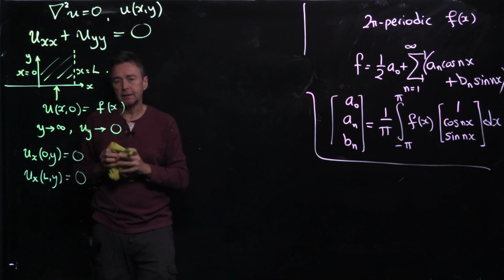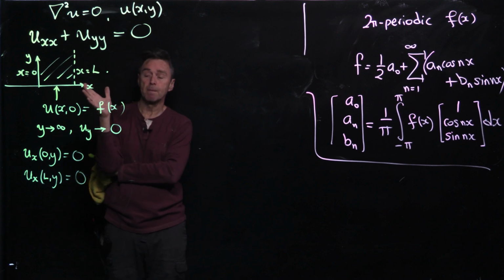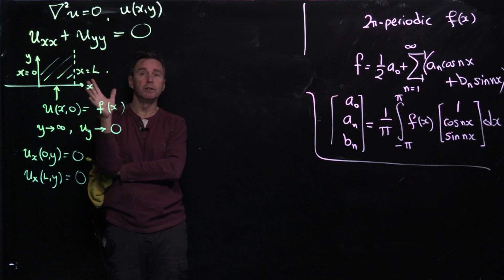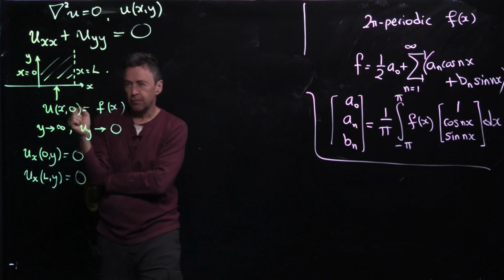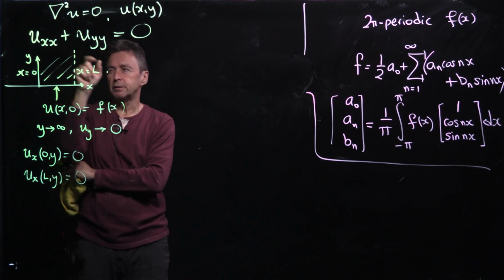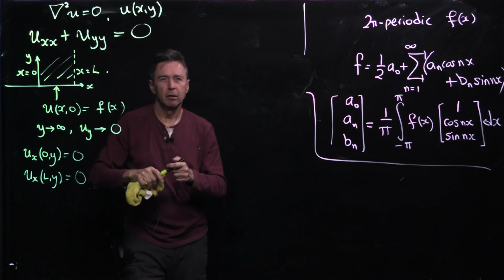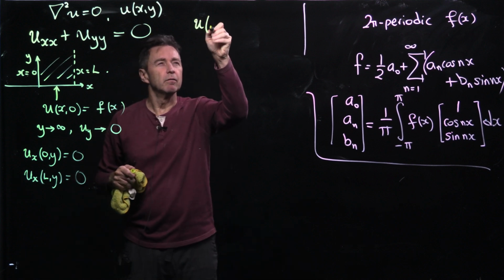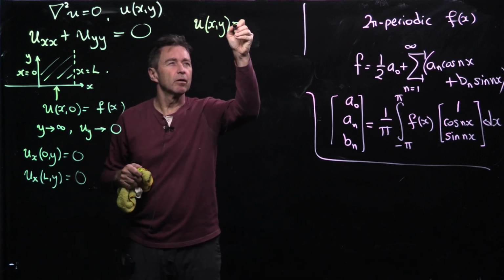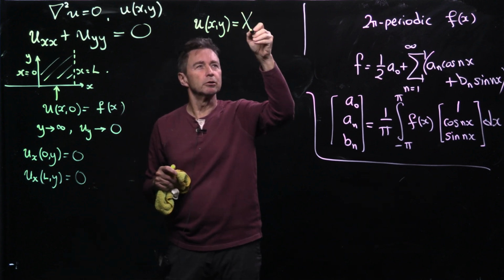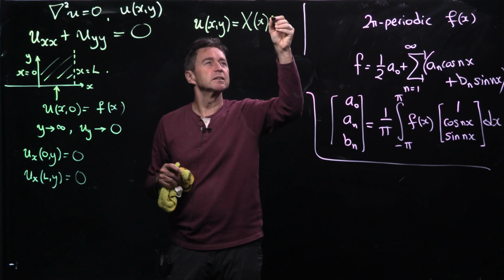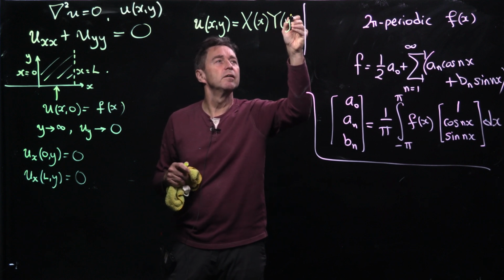So that's the statement of the problem. So let's look at it a second. Before we jump in, let's imagine what we need to do. The first step will be to separate variables. Fine. We're going to put in u of x and y, following the strategy of my symbology. I'll call it big X of x and big Y of y.